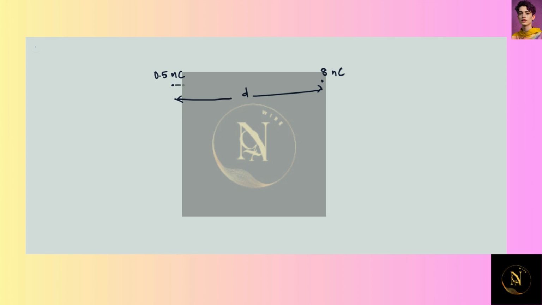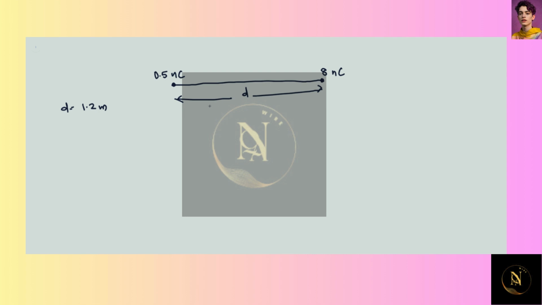So this is the distance, and d is given to be 1.2 meter. Now we are supposed to find a point in between these two charges or anywhere else such that the electric field at that point will be equal to 0.